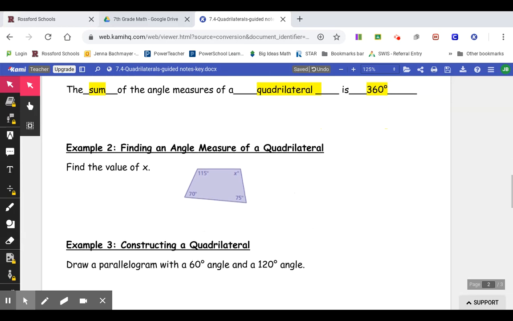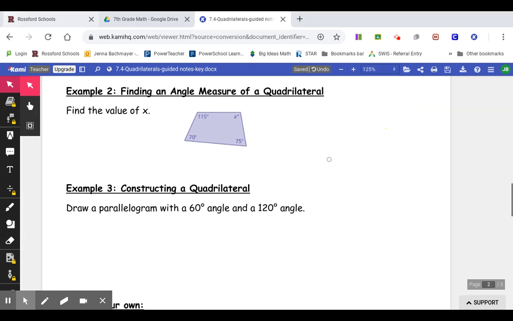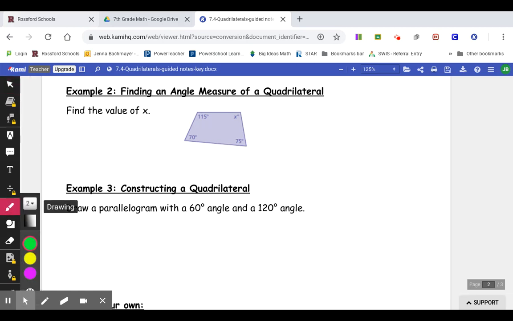If we take a look at example 2, we have to figure out the unknown value of x. We know that 115 plus x plus 75 plus 70, the total has to equal 360 degrees. So I'm going to add those together: 115 plus 70 plus 75 plus x has to be set equal to 360 degrees.